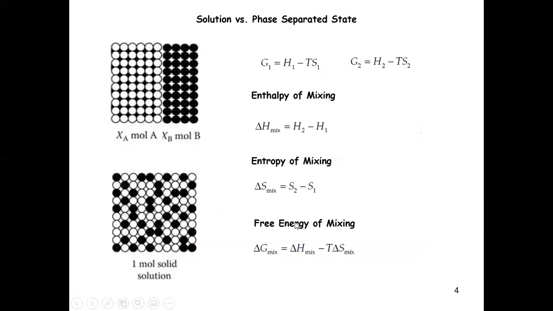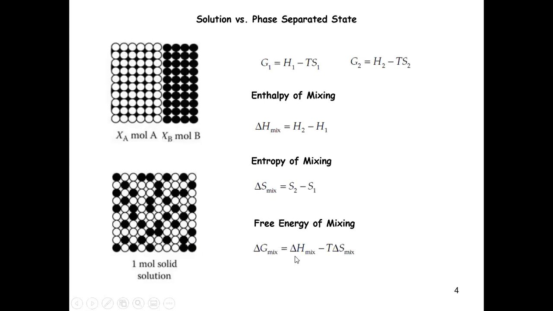Based on our setup for the ideal solution, which is also true for the regular solution, the easiest way to do this is to focus on the so-called difference of the free energy due to mixing. In one case we have a demixing state, in the other we have a mixing state, so we get a contrast between these two states. And this gives you the so-called free energy of mixing.